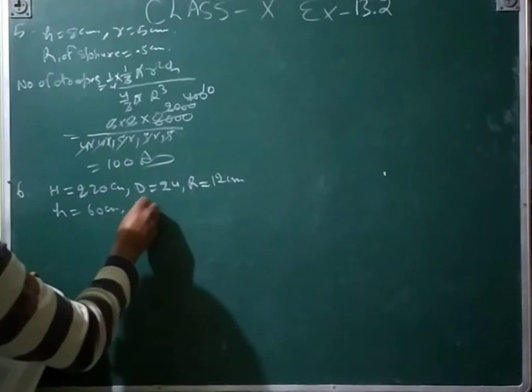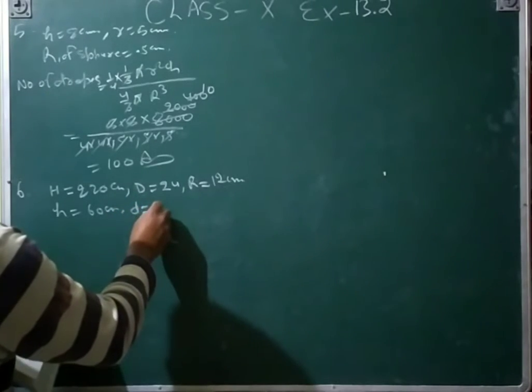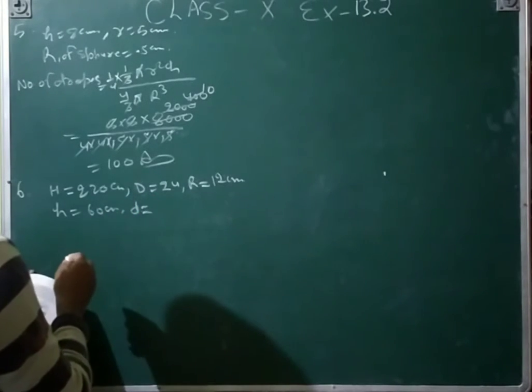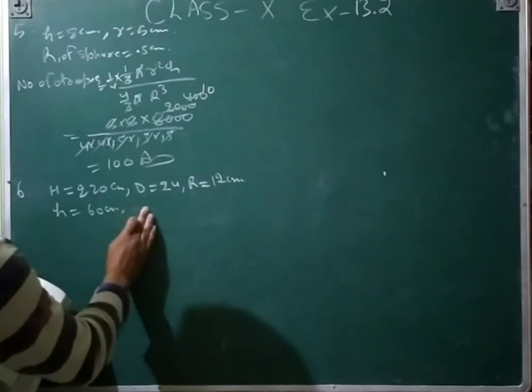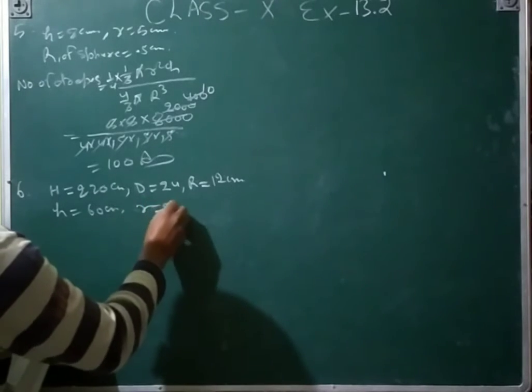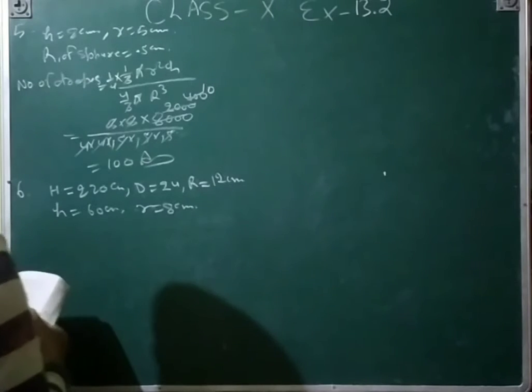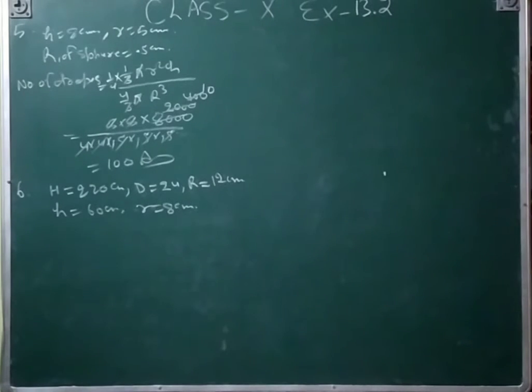The diameter is not given, the radius is directly given. Radius is equal to 8 centimeter. Find the mass of the pole.